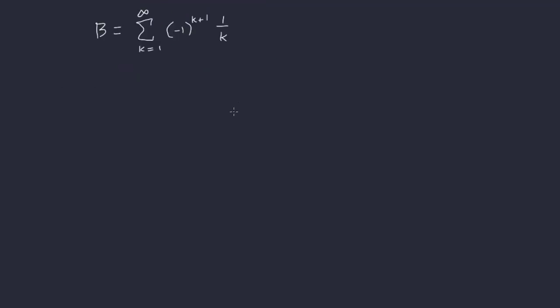Where this becomes actually pretty interesting is when we look at this guy here, the series negative 1 to the k plus 1 times 1 over k. Well, this is the alternating series version of a divergent p-series, the alternating form of the divergent p-series 1 over k.